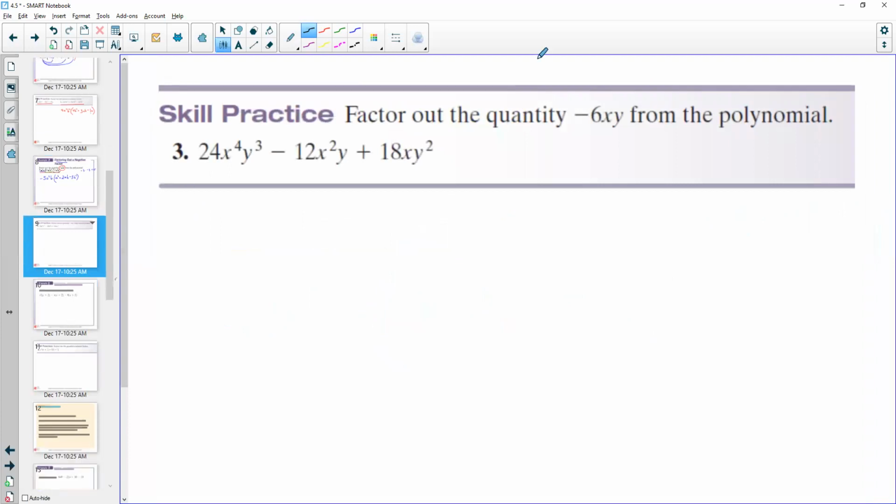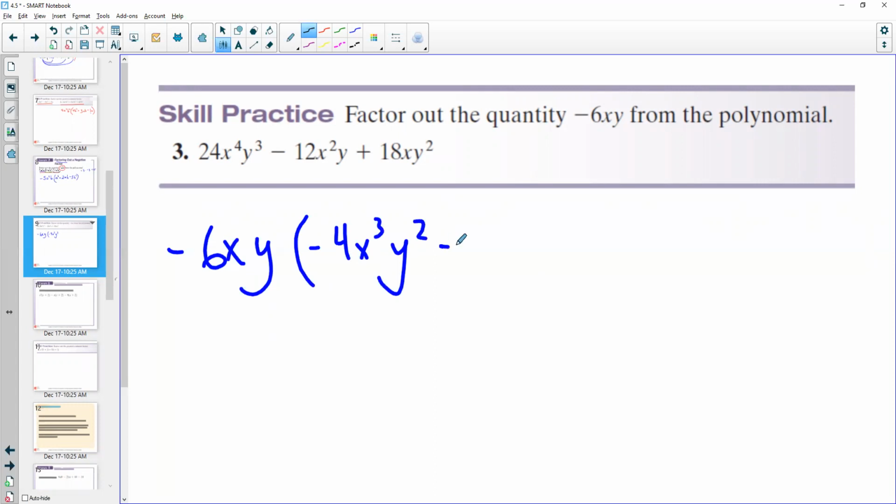In this case, we're going to take out negative 6xy. Negative 6xy. So let's see. If I take a negative 6 out of a positive 24, it's going to flip the sign of what's left. So it's going to be a negative 4. I have 3 x's left, and I have 2 y's. Now the 12 is already negative, so its sign is going to flip, and I'm going to divide by 2.